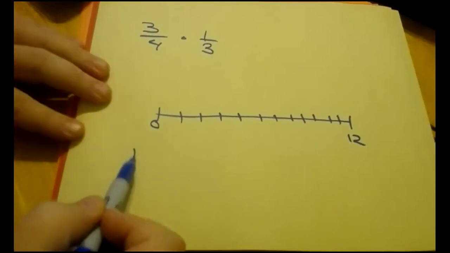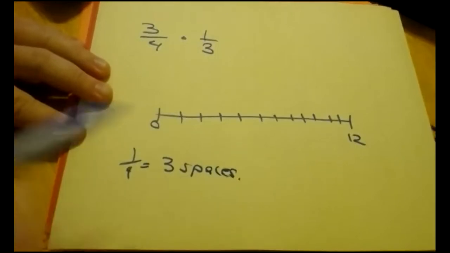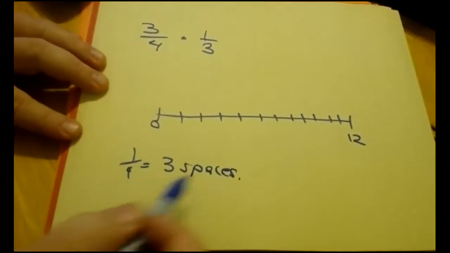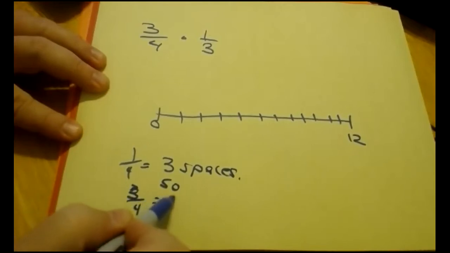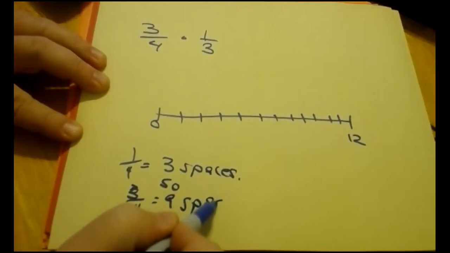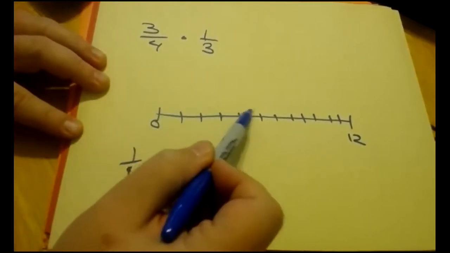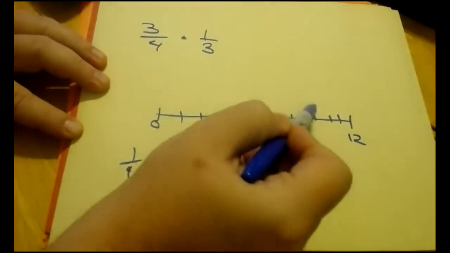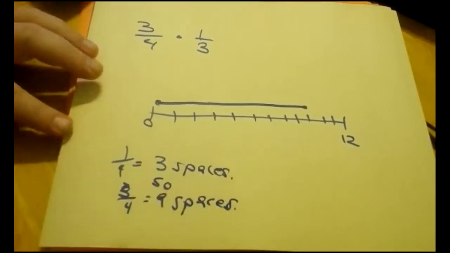So starting by thinking about how 1/4 is 3 spaces, 3/4 ought to be 9 spaces. So here's my 9 spaces: 1, 2, 3, 4, 5, 6, 7, 8, 9. And there's my blue line.